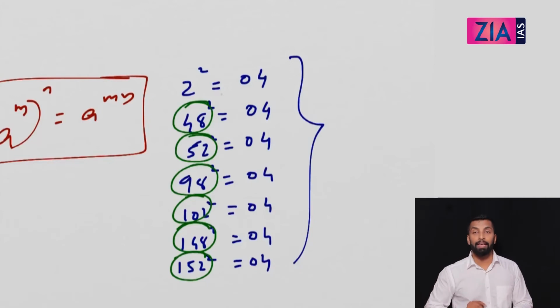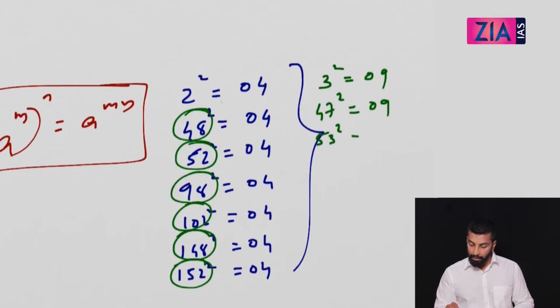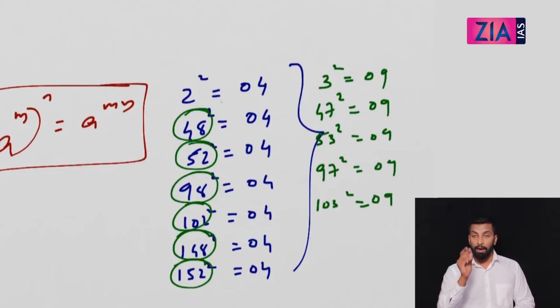Not only in the case of 2, if you take 3, 3 square is 09, so 47 square will be 09, 53 square will be 09, 97 square will be 09, 103 square will be 09. So multiples of 50 minus 3 or plus 3, that means 200 minus 3, 200 plus 3, 250 minus 3, 250 plus 3, all will be ending in 09.